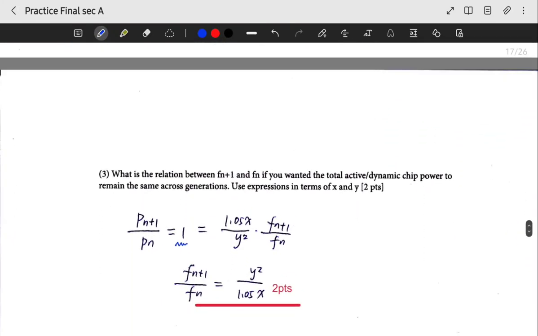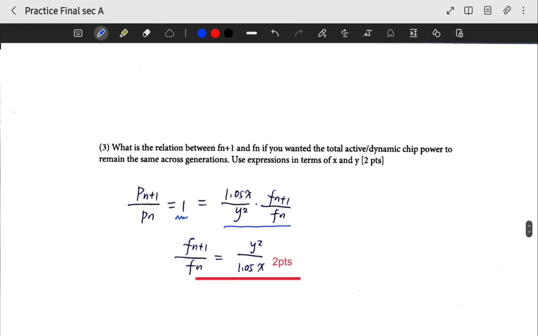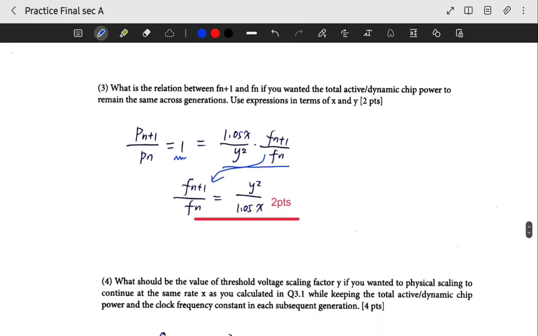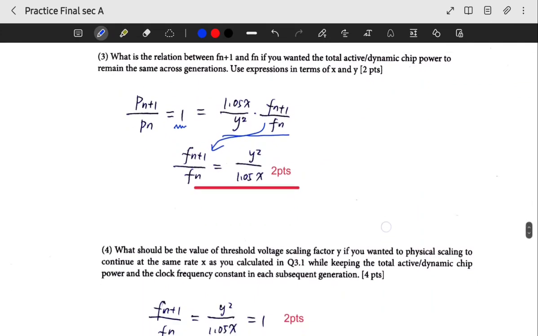And so we know this relationship, and we can solve this for the frequency ratio, and then you will get y squared over 1.05 times x.